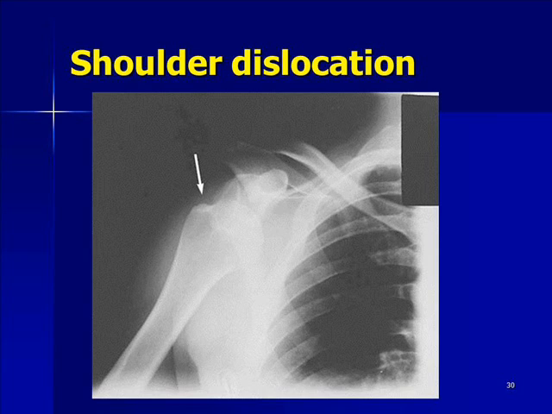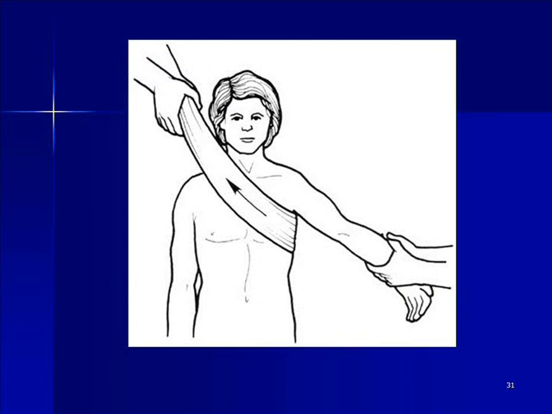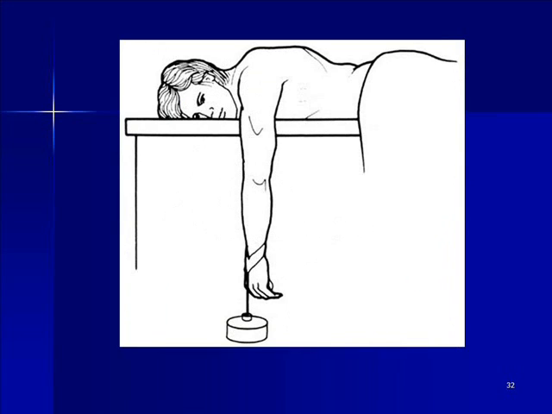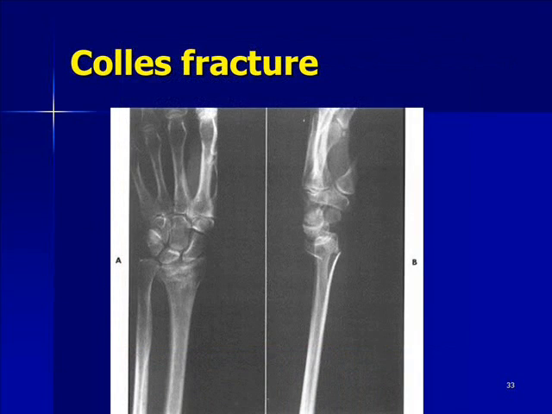This X-ray shows an example of an anterior dislocation of the shoulder, and it's the commonest kind of dislocation, and there are maneuvers to reduce this. For example, this is what is shown here: traction and counter-traction, or the Simpson's hanging method, and the commonest in our setup is the Kocher's maneuver.